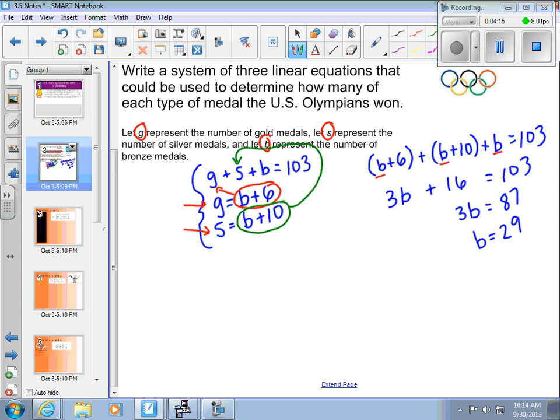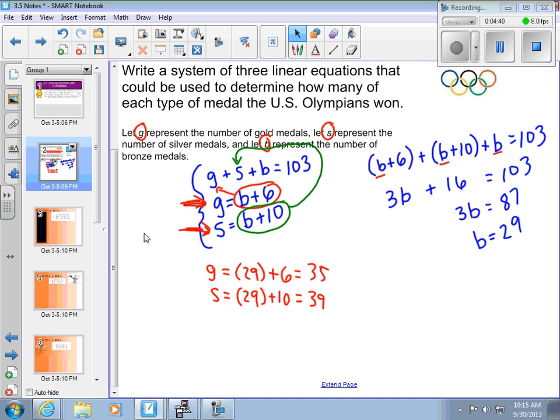So using equation 2 here, the second one, that would tell us gold equals the number of bronze, which is 29, plus 6 would be 35 golds. If we go to equation 3 now and do the same thing, the number of silvers is the number of bronze, which is 29 plus 10, there'd be 39.